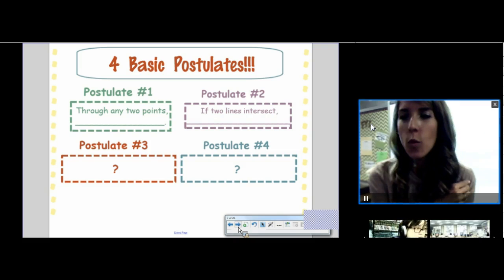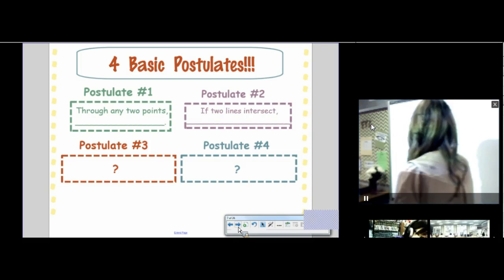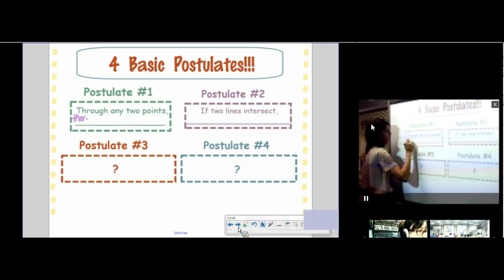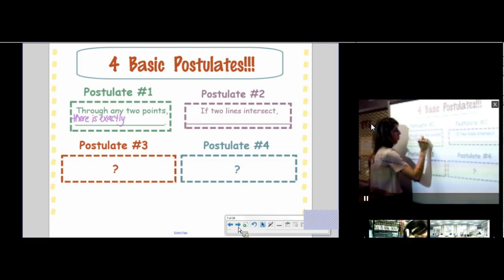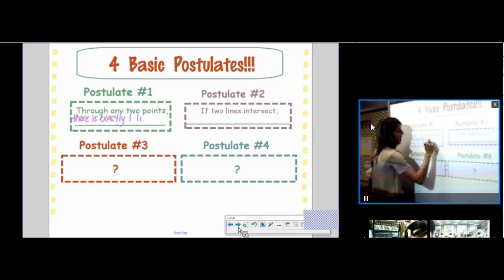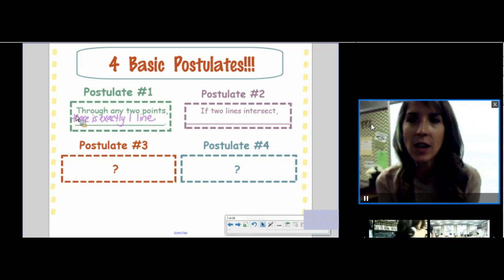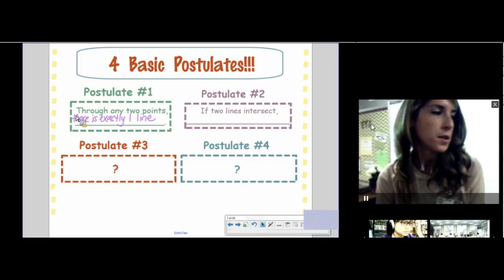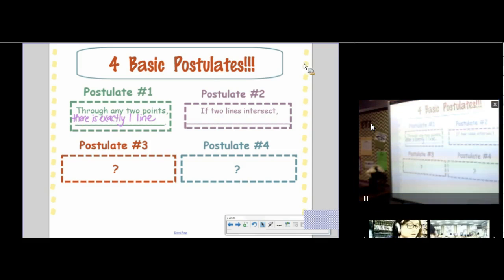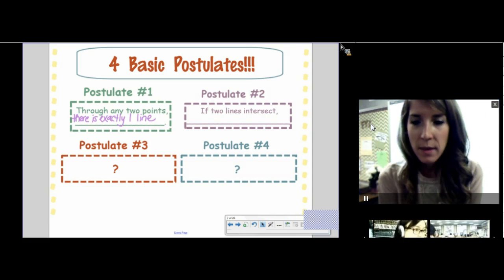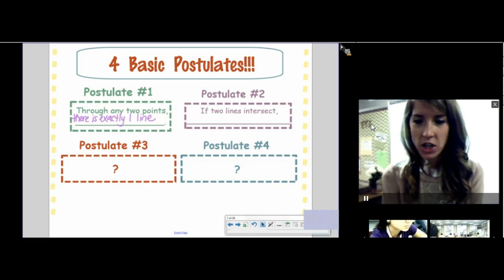Postulate number 1 was: through any 2 points, there is exactly 1 line. Through any 2 points, there's exactly 1 line. So write that down. That's basic postulate number 1. Building blocks of geometry.